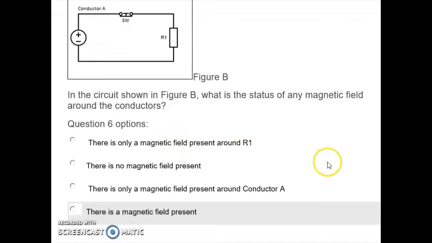Number 6 is very similar, but this time we have a closed switch. So now we have a path for current to flow. If current is flowing, then we have a magnetic field. This answer here is wrong, because the magnetic field is not only just around the load.